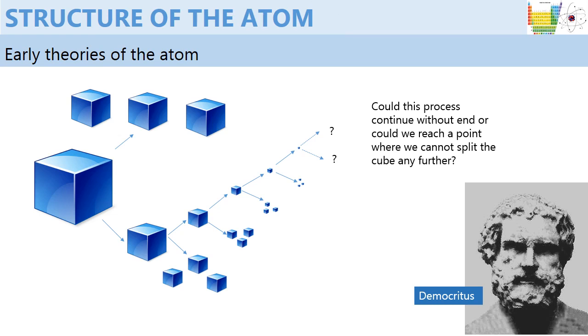For many centuries and millennia, scientists and philosophers have not agreed upon the existence or the nature of atoms. It was not until the 19th century that we had a breakthrough.